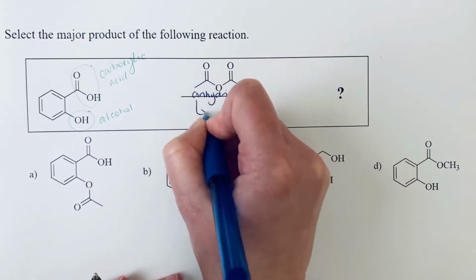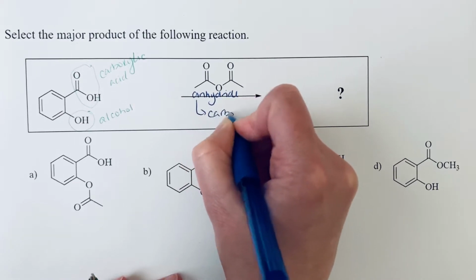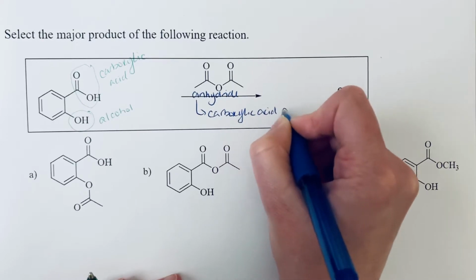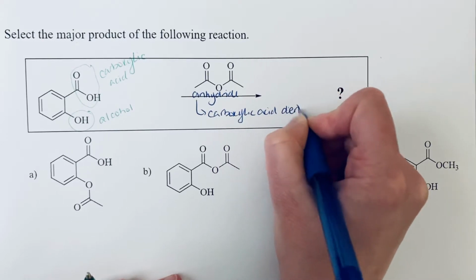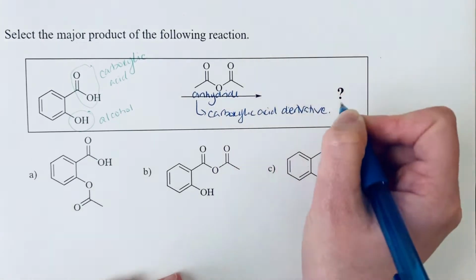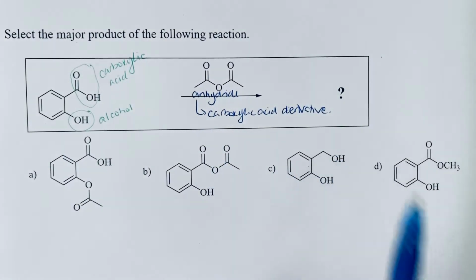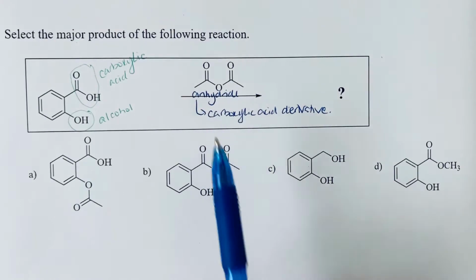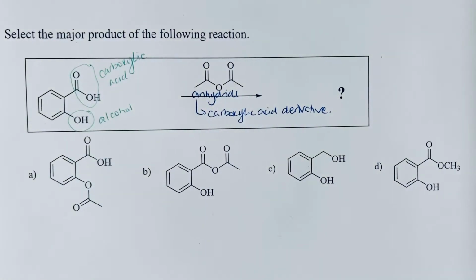So anhydrides are carboxylic acid derivatives, and it's actually a fairly reactive carboxylic acid derivative. It's less reactive than an acid chloride, but more reactive than the rest of your carboxylic acid derivatives, such as esters and amides, because you have a good leaving group.